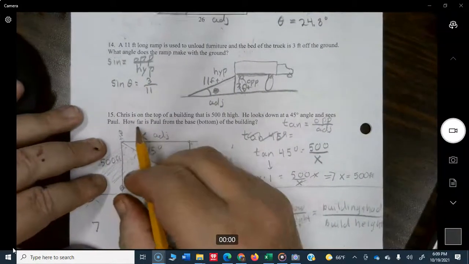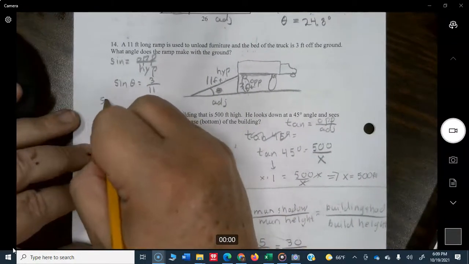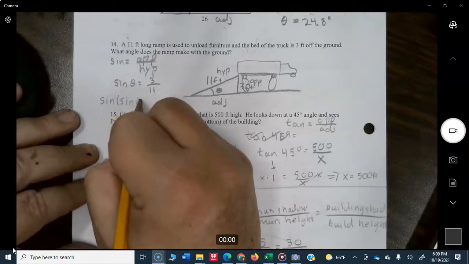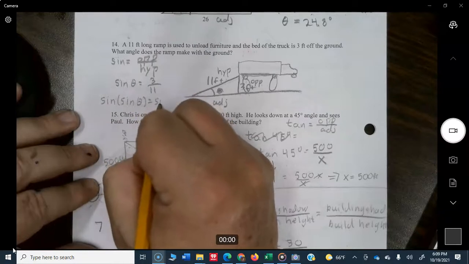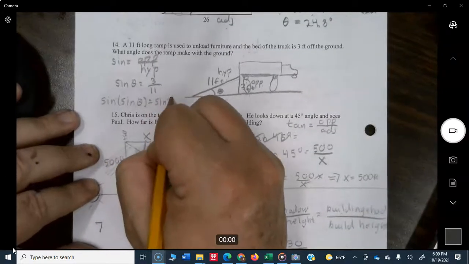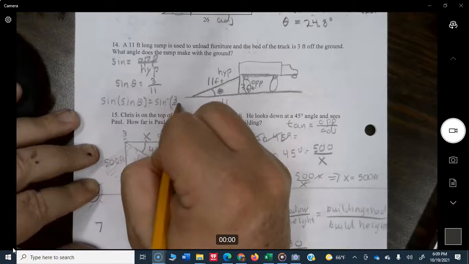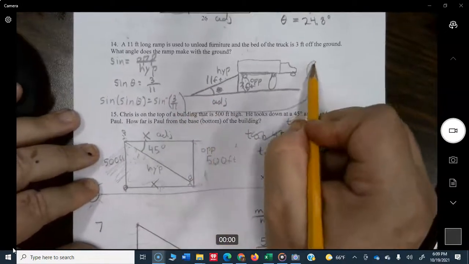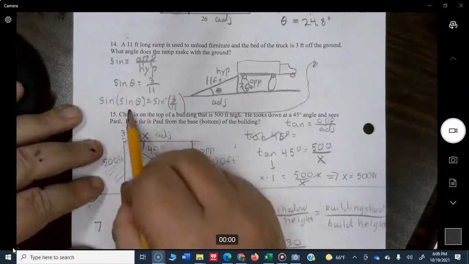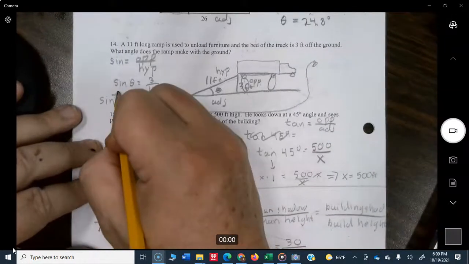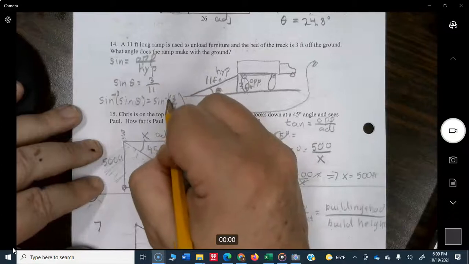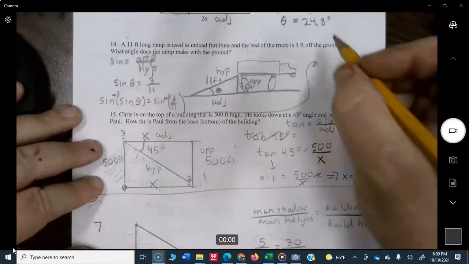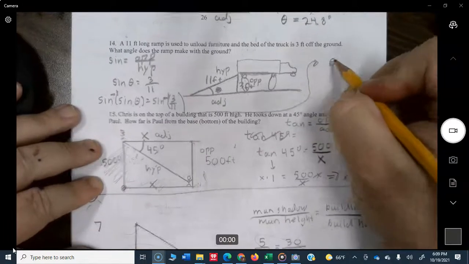Okay, so now we have to use the inverse. So inverse sine theta equals inverse sine of 3 over 11, whatever you do to one side, you do to the other. So I'm going to bring my problem over to this side where I have some more space. So that should be a -1 there, and that should be a -1 there. Inverse sine of sine is simply theta. It unwraps the theta out of the problem there.